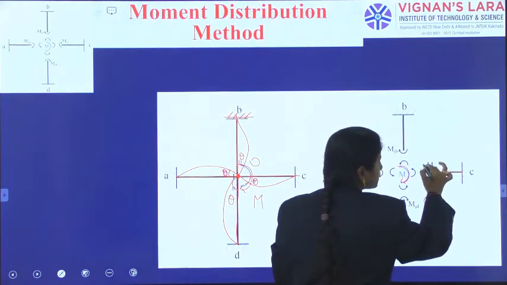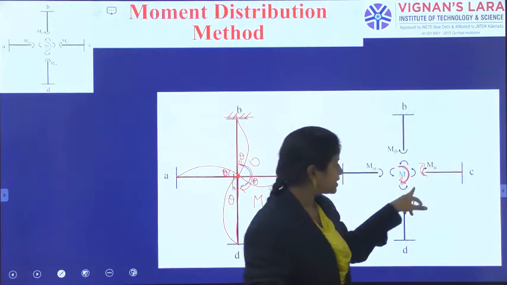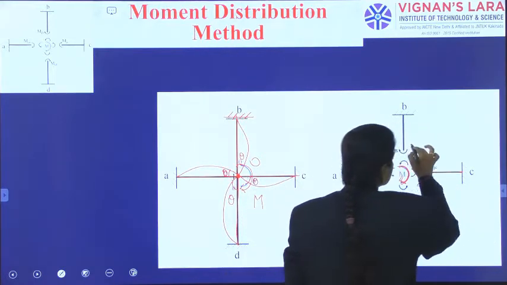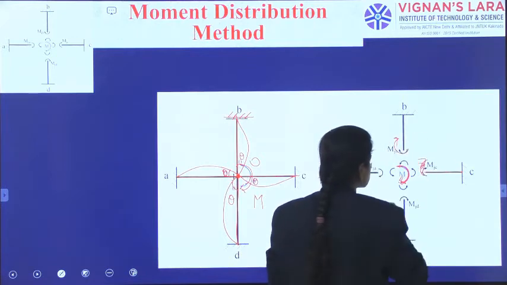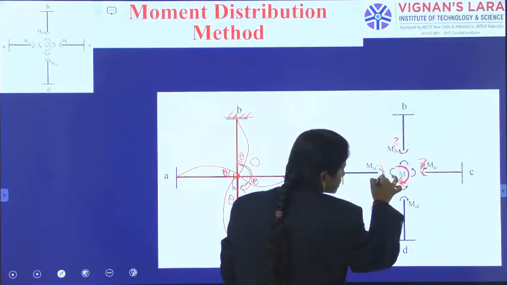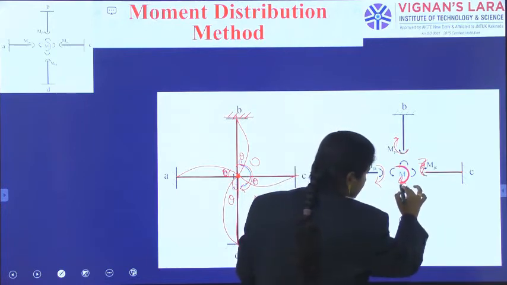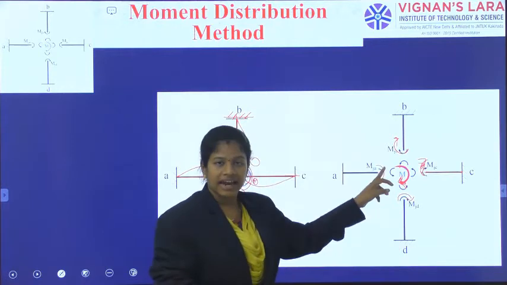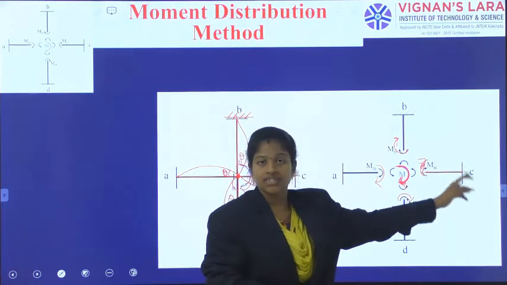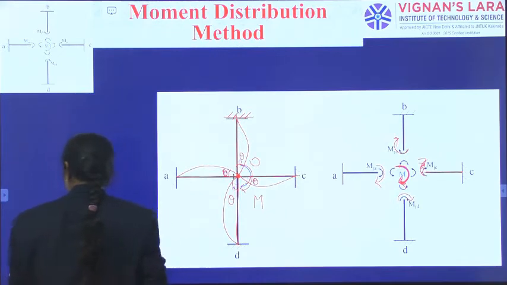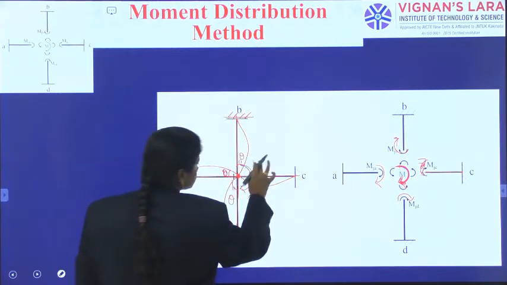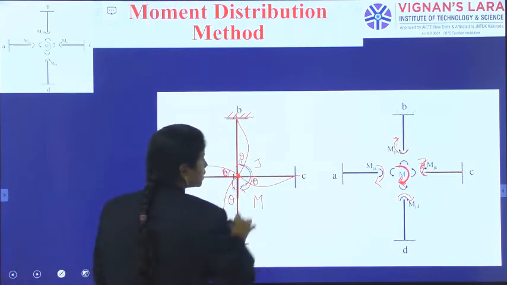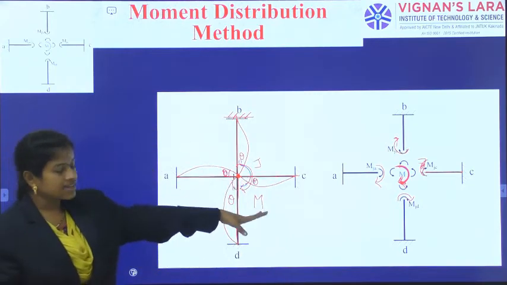So, as the applied moment is clockwise, the resistance is like this, and this member is also having clockwise movement, at J towards D, at J towards C. In this way, they have mentioned. They have given J as the corner, so I am taking the J.